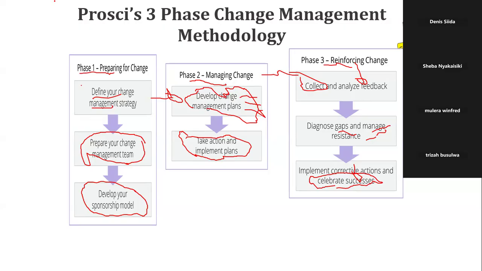So just to give a little bit more confidence to Winfred, stakeholder management is a critical component of change management, because any successful change requires stakeholder engagement, and there must be buy-in. So you cannot talk about the two as things which are different.